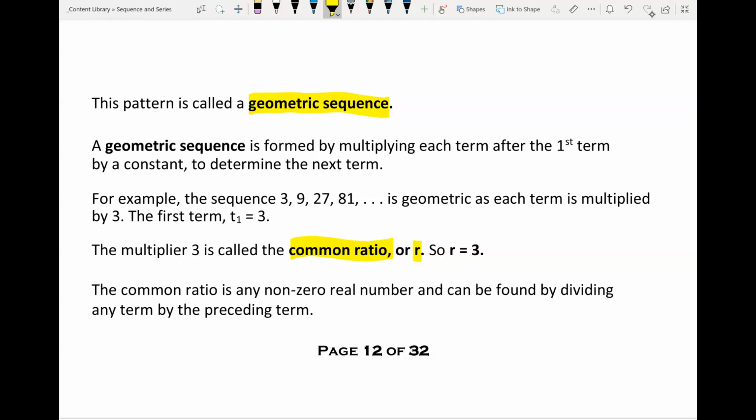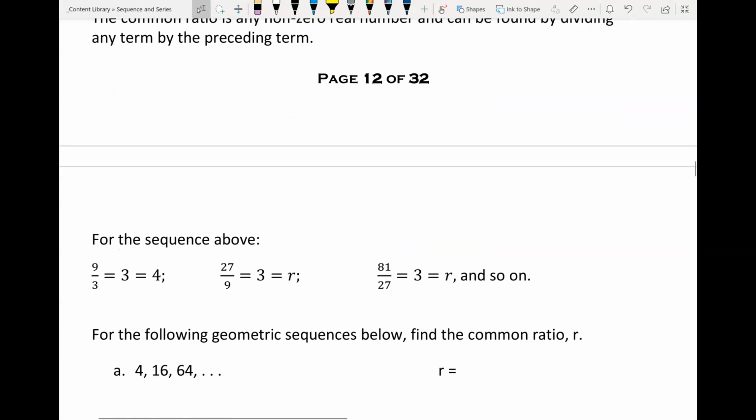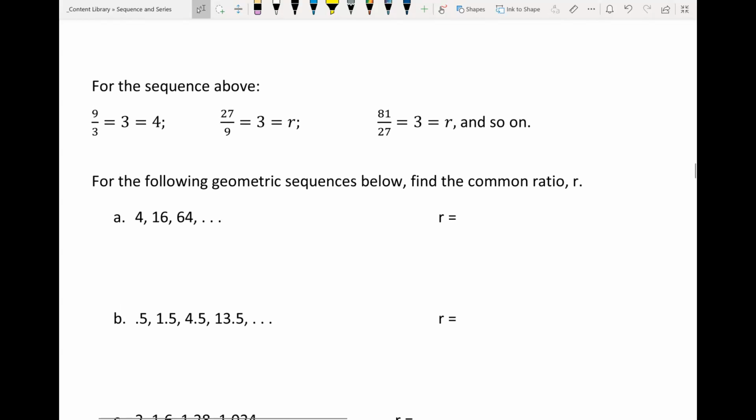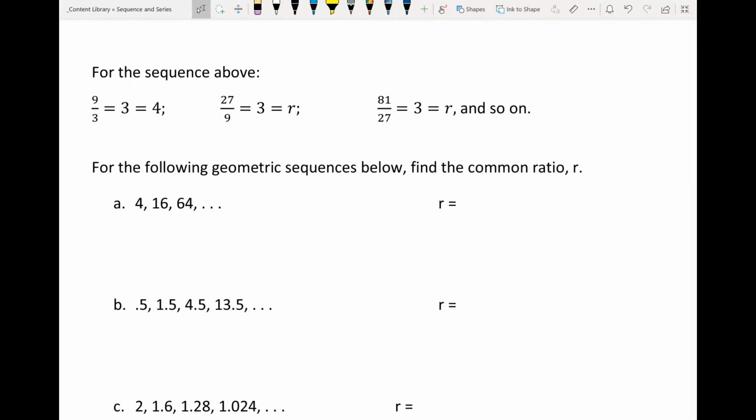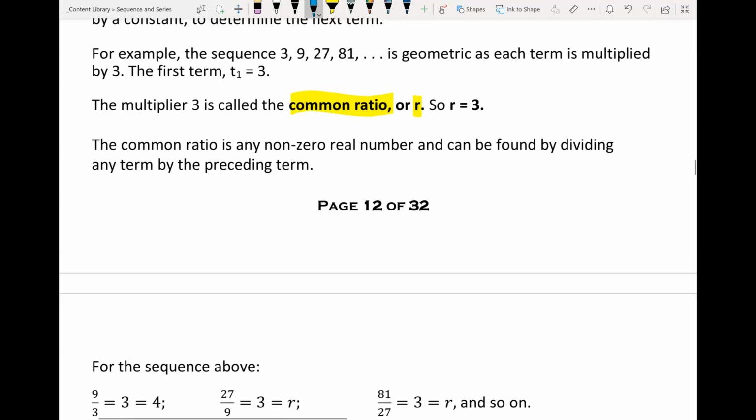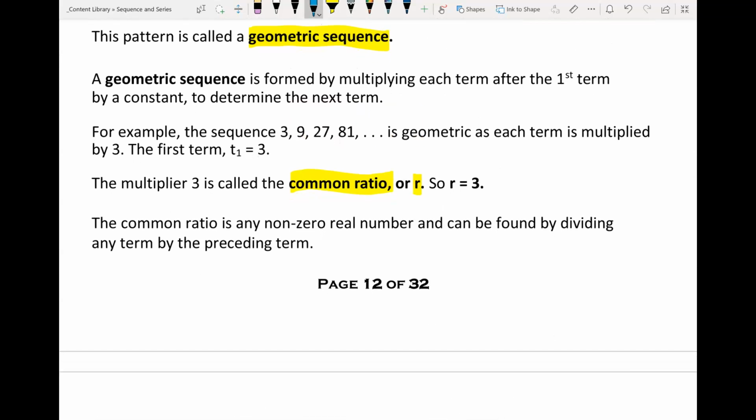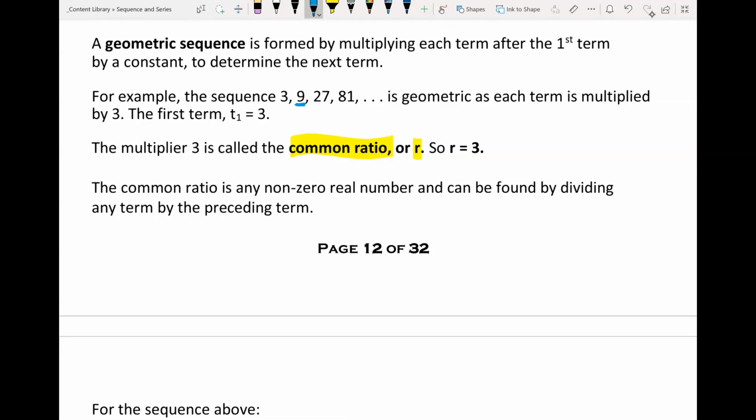So this R is what we're going to multiply by to get the next term. And your common ratio is any non-zero real number that can be found by dividing any term by the preceding term. So let's take a look at these sequences. For the sequence above, if you want to find R, you just take one of the terms, 9, and divide it by the first term, which is 3.